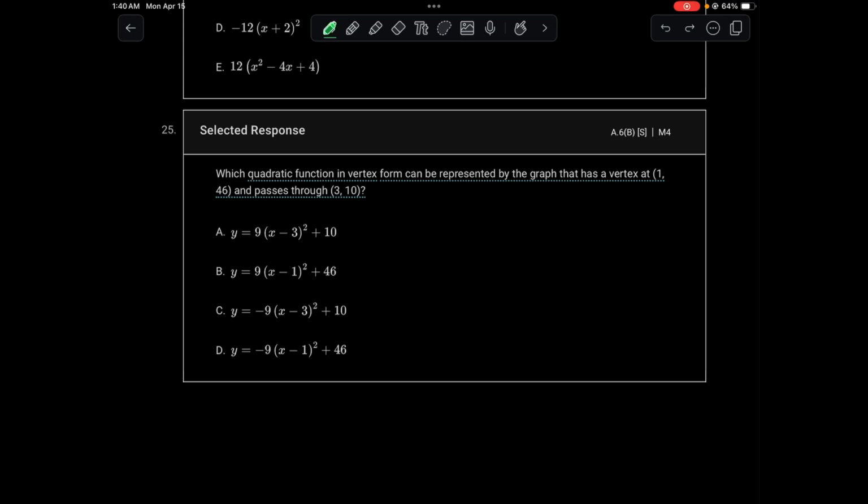25. Which quadratic function in vertex form? Okay, vertex form. Now, what is the vertex form? This one, y equals a(x minus h) squared plus k, where h and k are the x and y coordinate of the vertex. Can be represented by the graph that has a vertex at 1, 46.